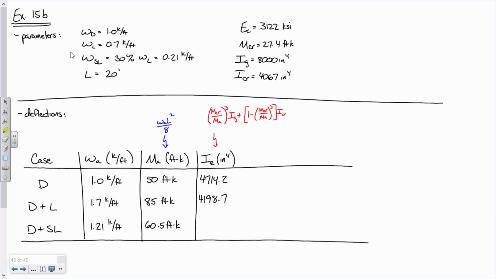What I'm getting at is, isn't this a nice, friendly Excel template just begging to be generated? Once you do one, just copy and paste. You can do them all over. So what are we getting here? Anybody got an answer? 4432.4.